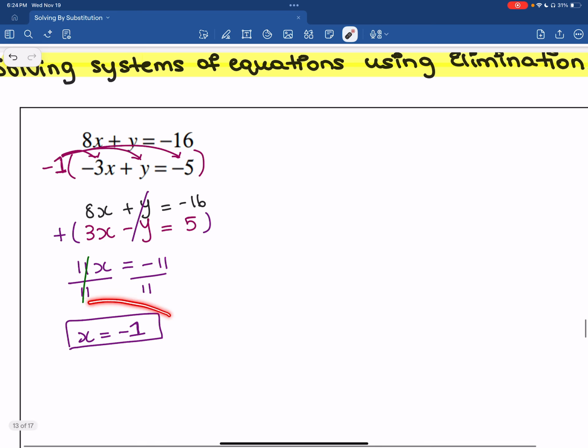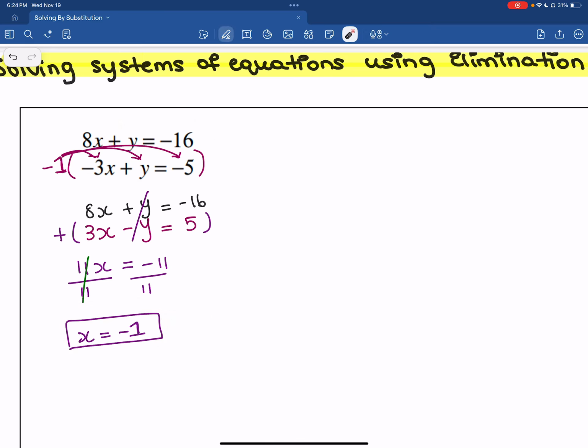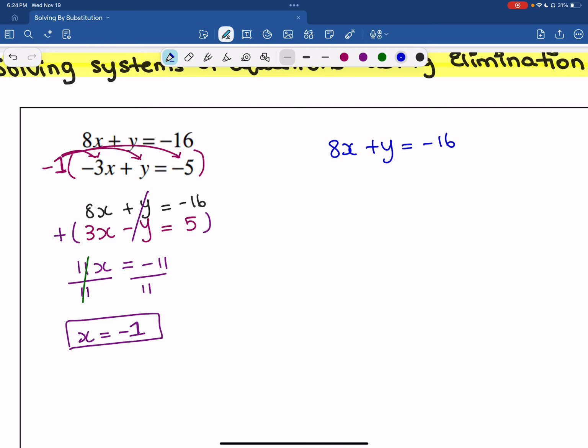Now that I know that x is equal to -1, I can just substitute that -1 back into the first equation for x and then solve for y. So if we use the first equation, 8x plus y is equal to -16, I know that x is -1, so I'm going to plug in -1 for x. 8 times -1 is -8, plus y equals -16.